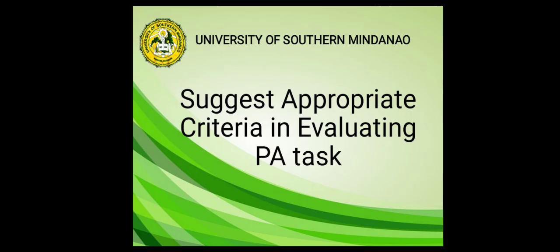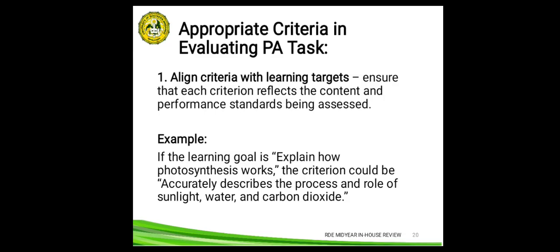So now let's move to our next topic, which is to suggest appropriate criteria in evaluating the performance assessment task. The first criterion is to align the criteria with learning targets. Ensure that each criterion reflects the content and the performance standard being assessed.